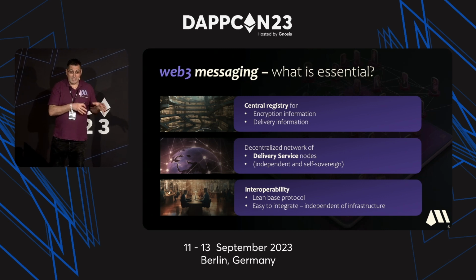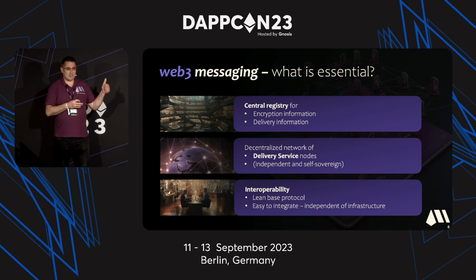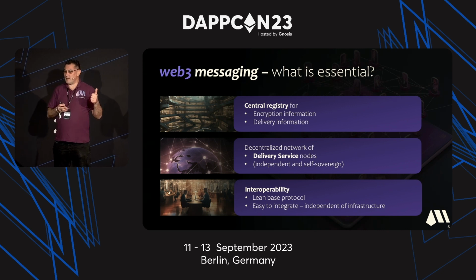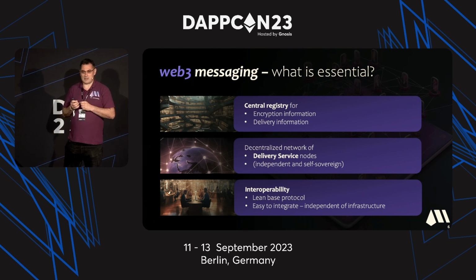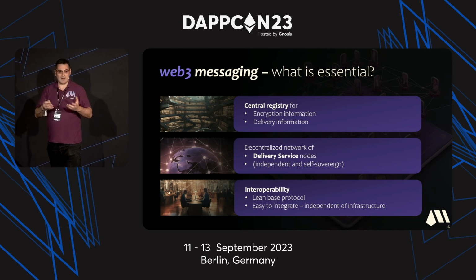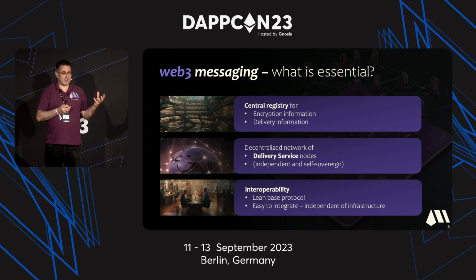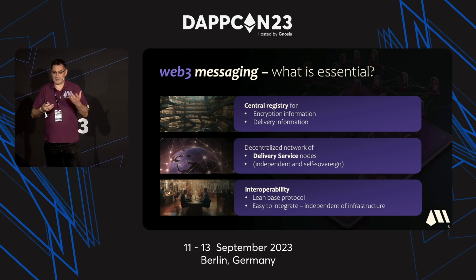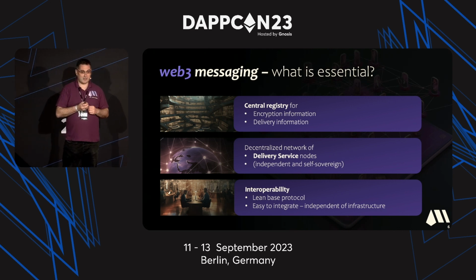But what is really essential? It is essential that we can share the encryption and transmission information. We are using a central but decentralized registry using blockchain, based on ENS. We have a registry where all this information can be published so that others can get it and contact me on the platform.